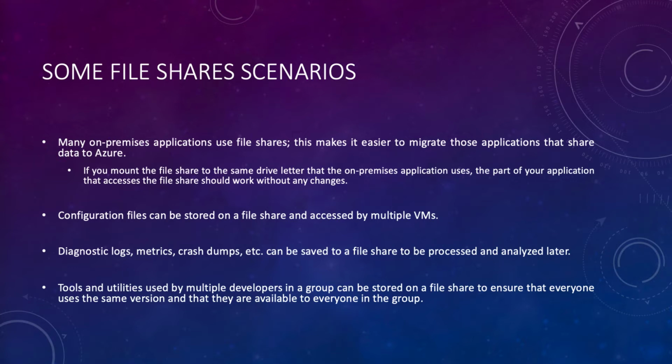The other perk is that configuration files can be stored on a file share and accessed by multiple VMs. This makes your deployment easier, your management easier, and it facilitates the process of managing a VNet on an IaaS. Every VM can go in, take a look at the configuration file, make a copy, bring it in, apply it, and move from there.